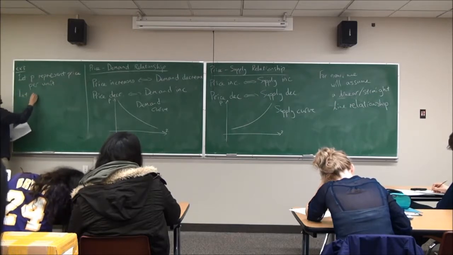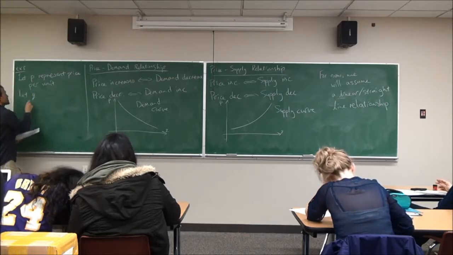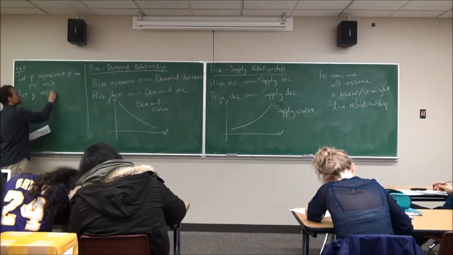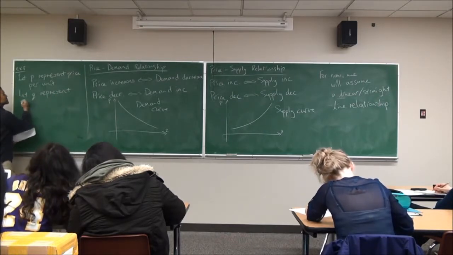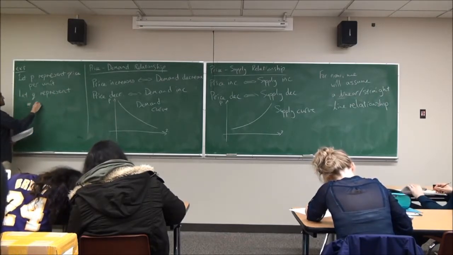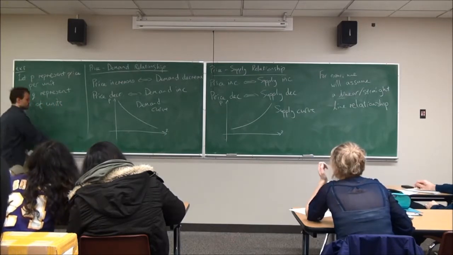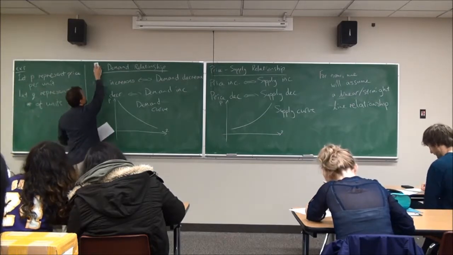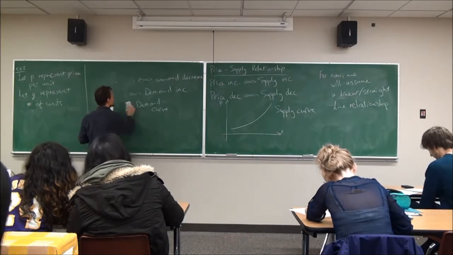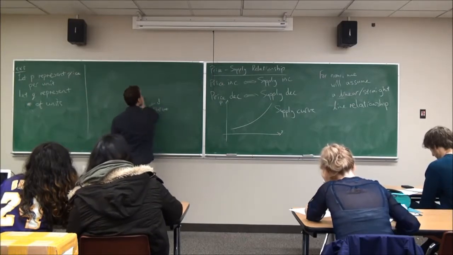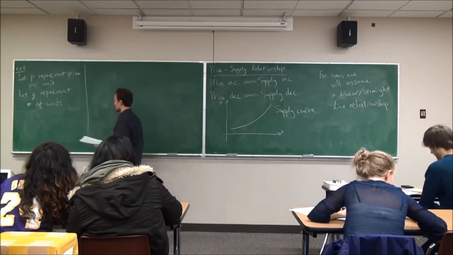And let Q represent the quantity, or the number of units, in demand. We're going to stick with P and Q in this type of question. So I'm looking for a straight line, a linear equation to describe the relationship between P and Q.